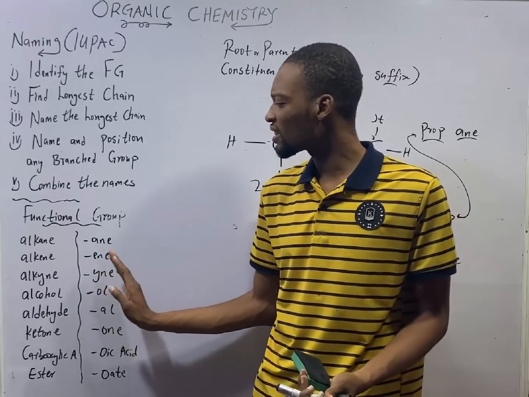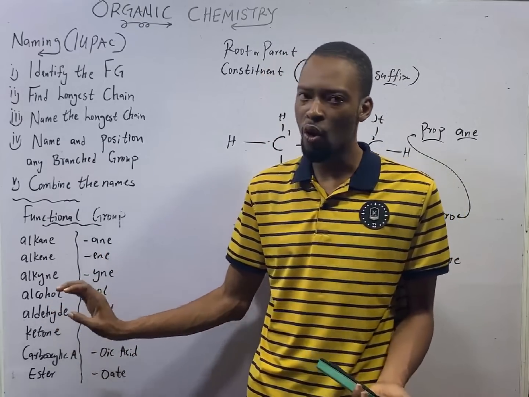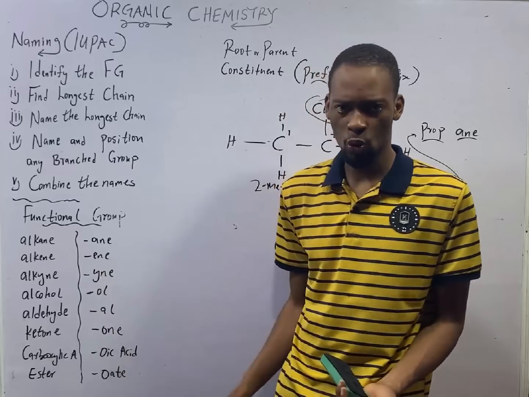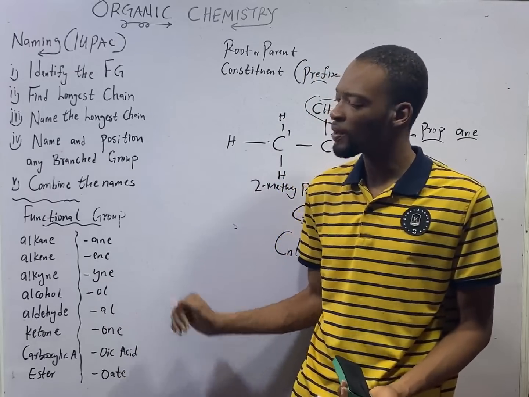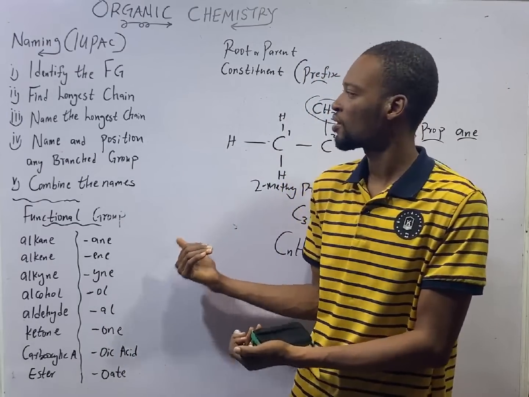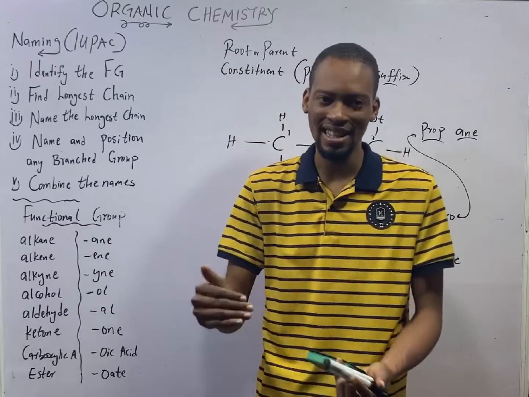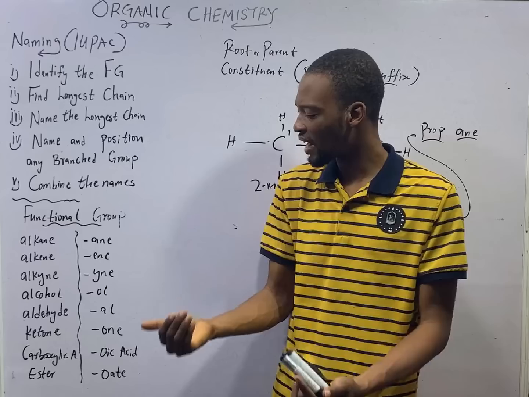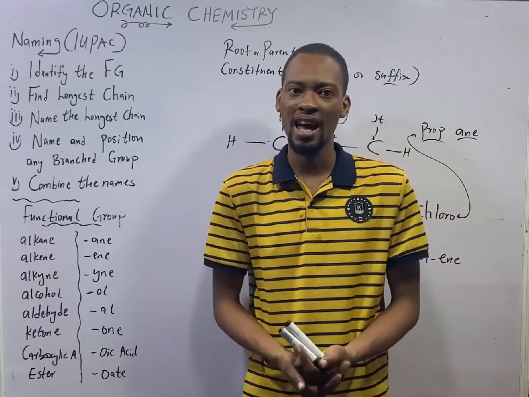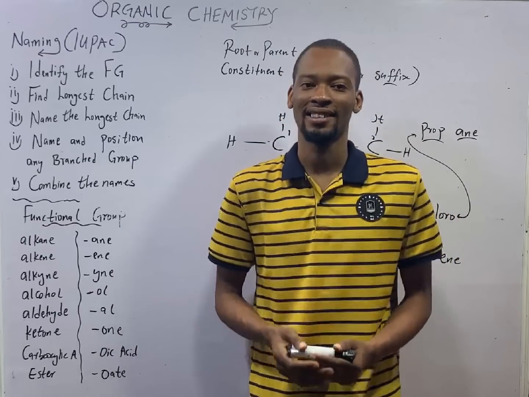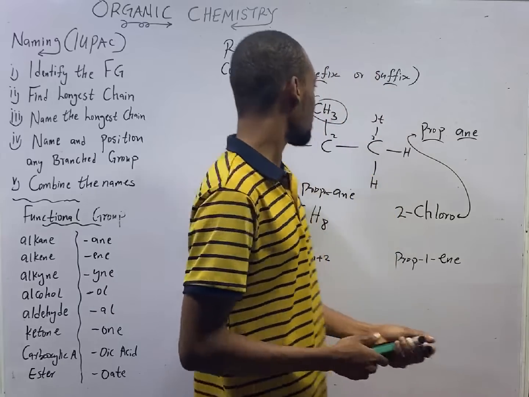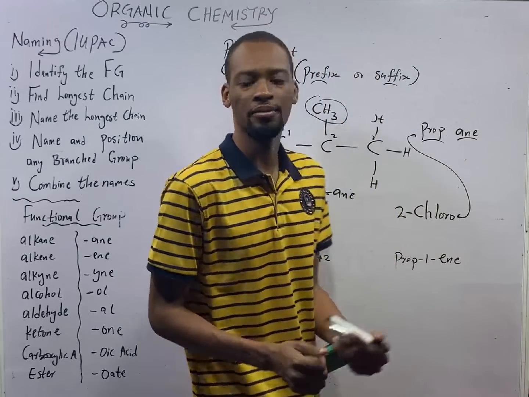When a compound is an alkanol or alcohol, it should end in "ol". That is the functional group, and that should be the suffix. When a compound is an aldehyde, the naming should end in "al".